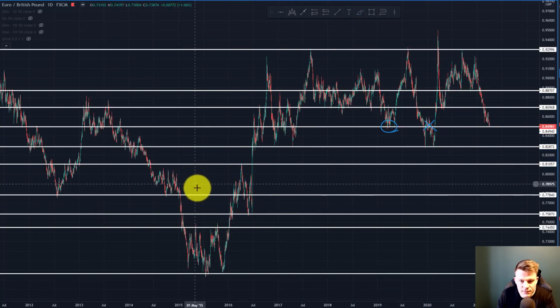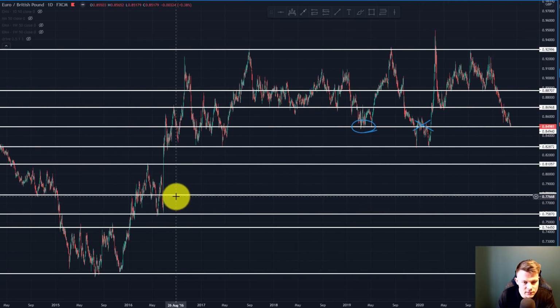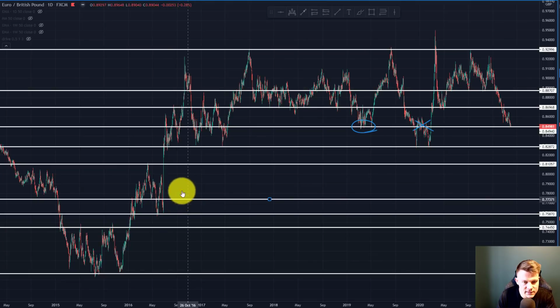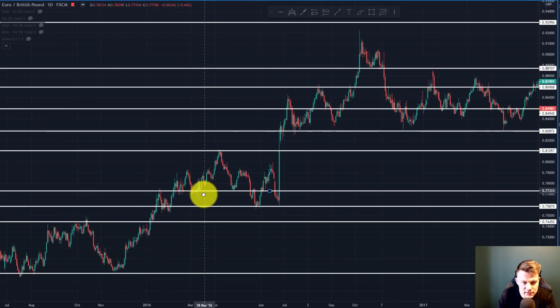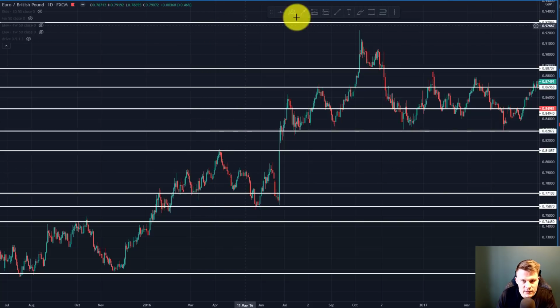This level, for example, I don't think this is necessary. Here we have 2 support points, but here not at all. So the market clearly didn't care about this level anymore. But if we zoom in a little bit and adjust it like this, maybe we can still get something out of it.